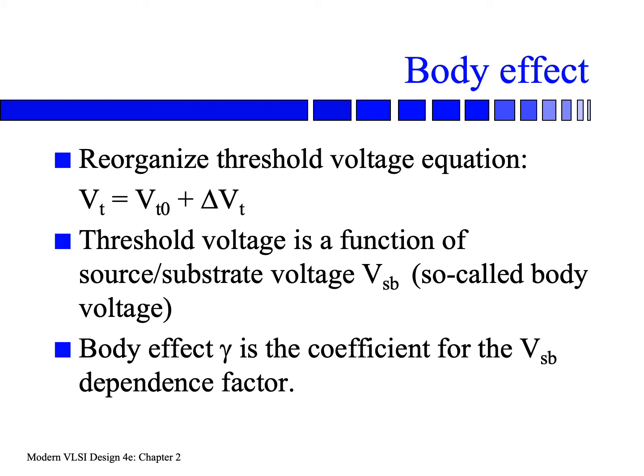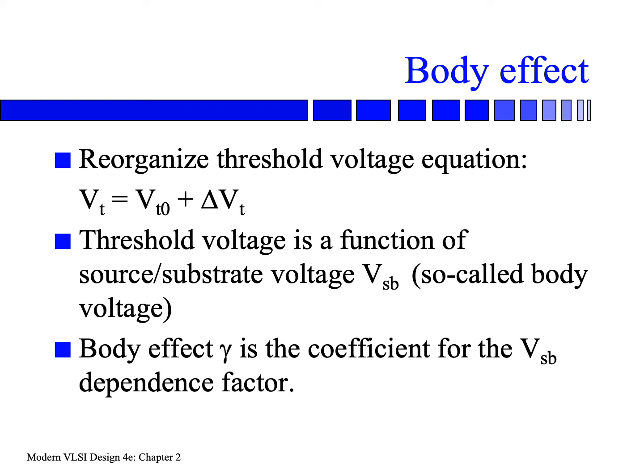In addition to the four components we just discussed, the threshold voltage also depends on another factor, which is represented by delta VT. This delta VT is a function of the source-substrate voltage, indicated by Vsb here. The delta VT is also a function of the so-called body effect gamma.